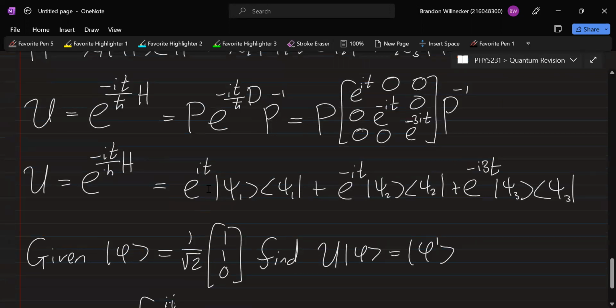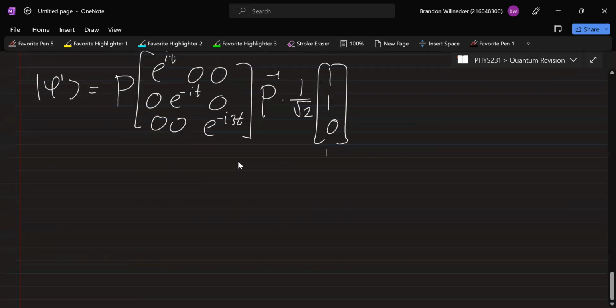If you wanted to do it this other way with the projectors, you can do the same thing. To make it a bit easier, we can take the state phi and write it as a linear combination of psi1, psi2, and psi3, because we know that psi1, 2, and 3 form an orthonormal basis.